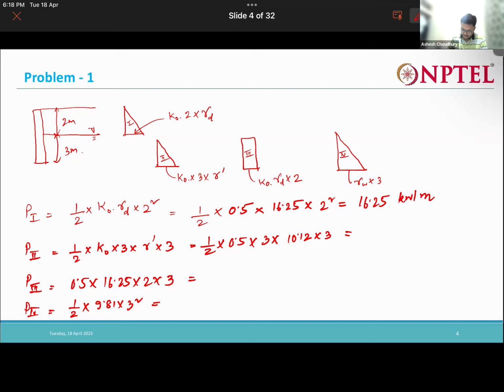Then P2, 40.625. For P2, 16.25, this one, no? It should be gamma sub here, 10.12.